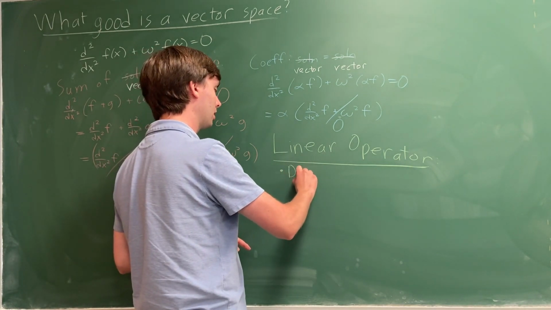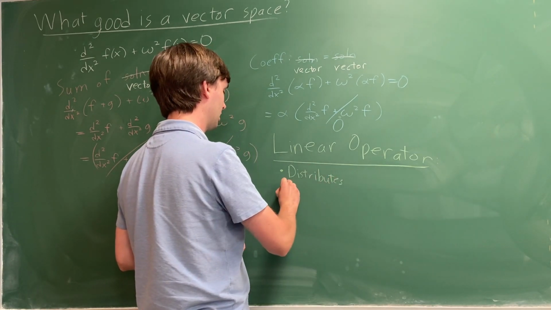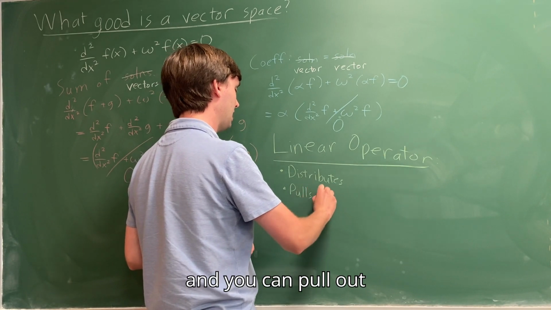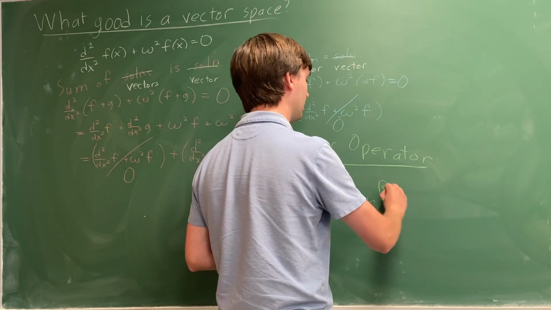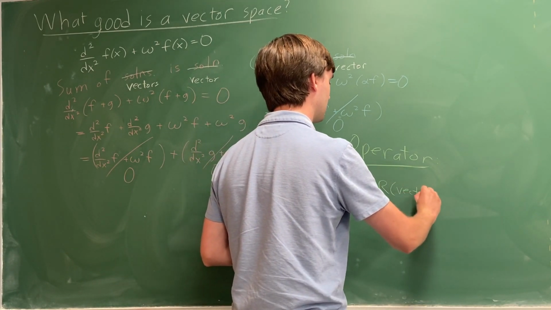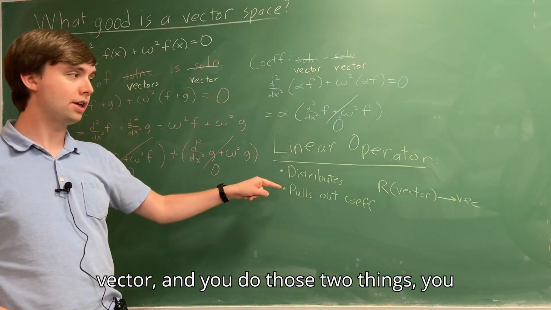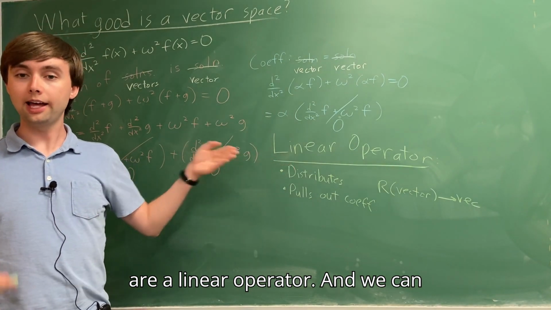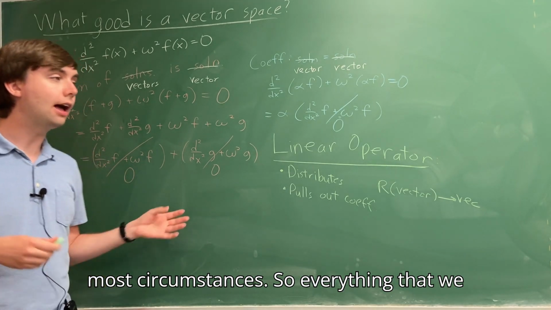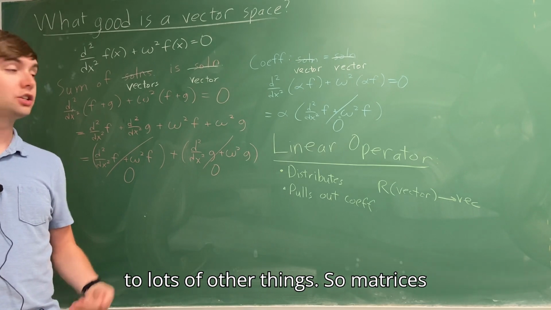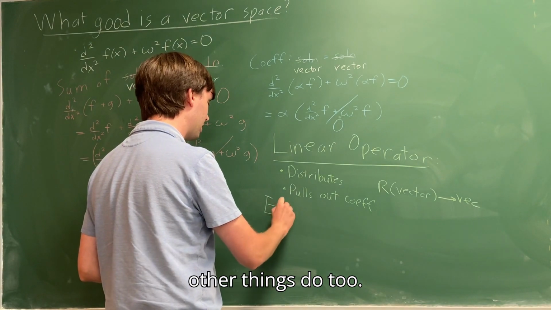A linear operator distributes and you can pull out a coefficient. So if you're a function that sends a vector to another vector, and you do those two things, you are a linear operator. And we can represent that as a matrix under most circumstances. So everything that we develop for matrices, we actually apply to lots of other things. So matrices fulfill these definitions, but a lot of other things do too.